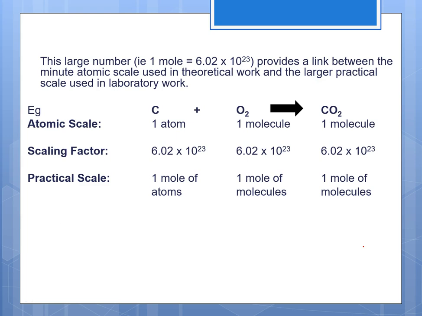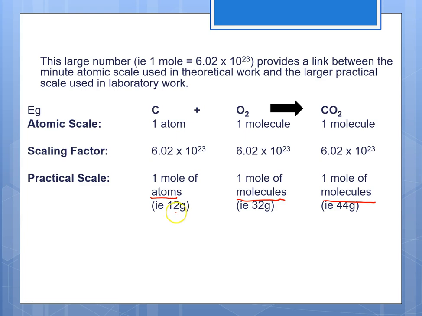And you'll notice each time here it's 1 mole of carbon atoms. In this case it's 1 mole of oxygen molecules and 1 mole of carbon dioxide molecules, always specifying the particle that we're counting. Okay, now if we take this and go, well, we know that 1 mole of carbon is 12 grams.